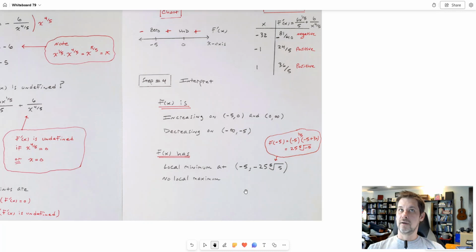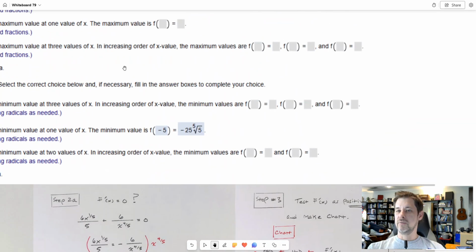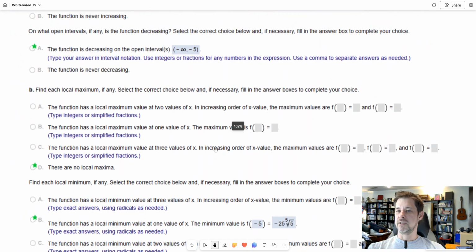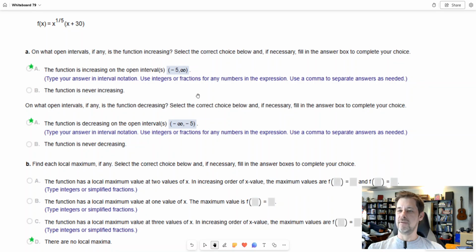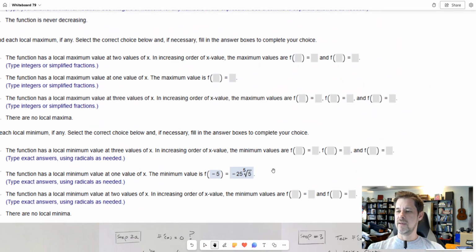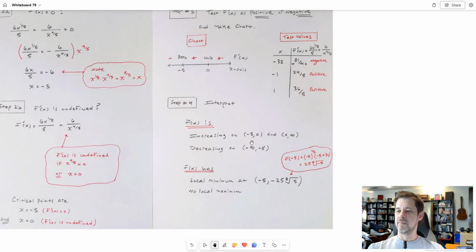Now there are a few other things I want to say. I think it's a little bit unusual how the answer was expressed here. So see how it says the function is increasing from negative 5 to infinity? I think it'd be more typical for people to break that up, because it's increasing from negative 5 to 0, and then there's something else happening, a critical number, the derivative's undefined, and then it picks up from there and continues to increase from 0 to infinity.